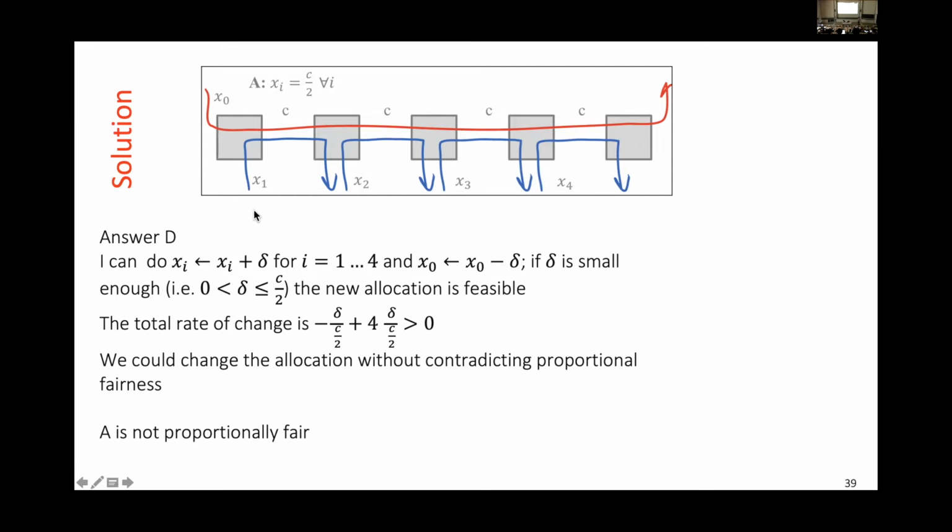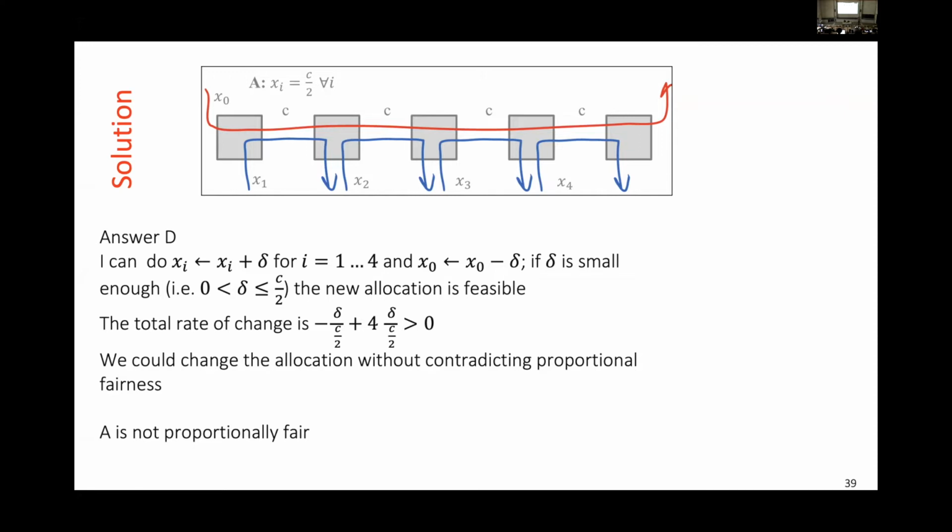So instead of C/2, I give C/2 plus some delta for each of these blue flows. Then to make it feasible, to respect the constraint of each link, I must decrease the same value delta from the rate of x0. This link was saturated previously, so I add a small delta here. I should decrease the same value here to respect the constraint of that link. Well, I have defined a new allocation x prime that is feasible.